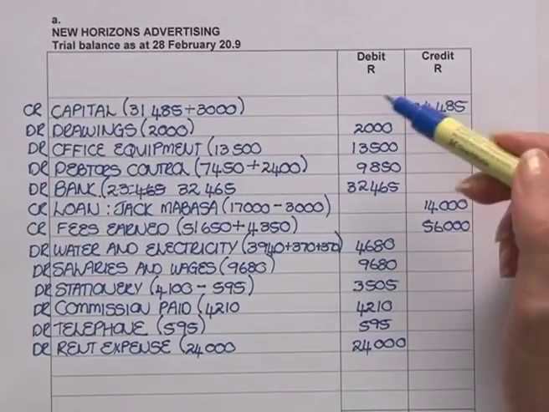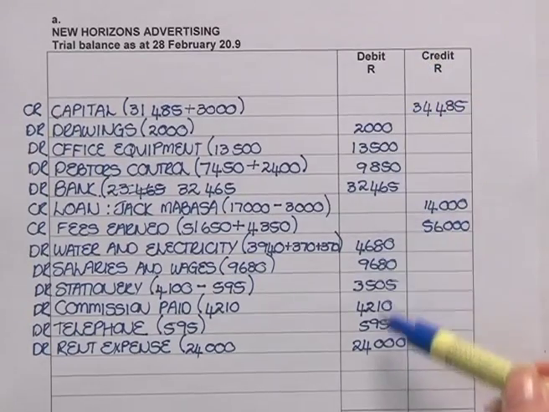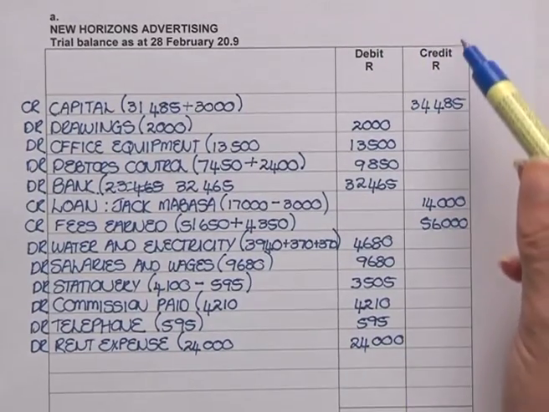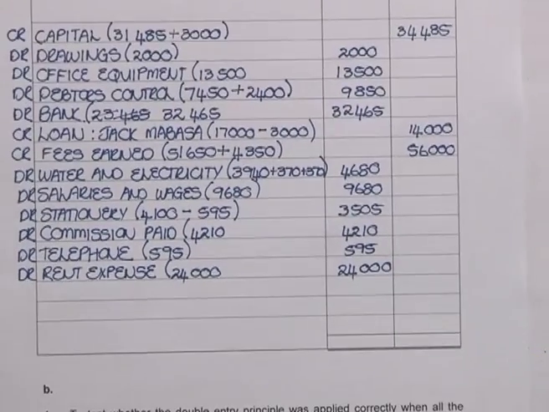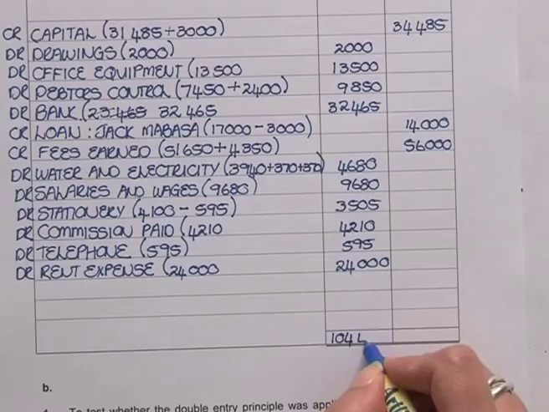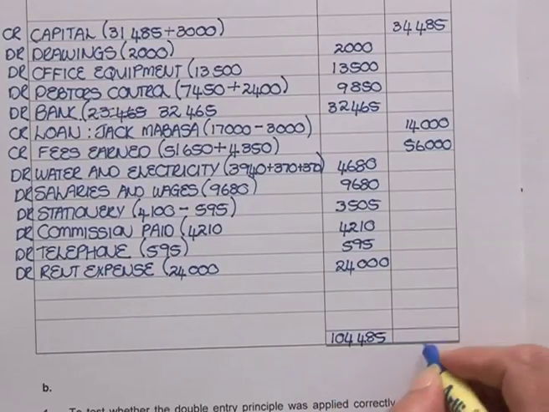Now, the whole purpose of a trial balance, test your duty concept. So we add the debits in the debit column, and we add the credits in the credit column. And if everything went according to plan, my debits will be equal to my credits.